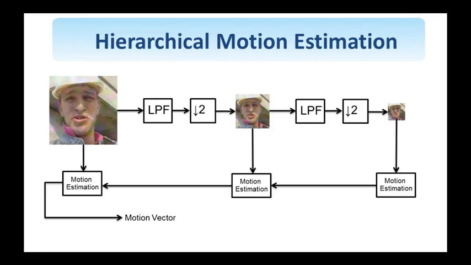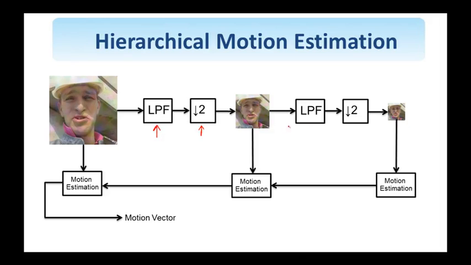So we saw with the previous techniques that one can use fewer search locations and/or fewer pixels in computing the matching error. A scheme that combines these two features is referred to as the hierarchical search method. So we make several low-resolution versions of both the current and reference frames, as shown here. The frame is first low-pass filtered, then downsampled by a factor of 2.